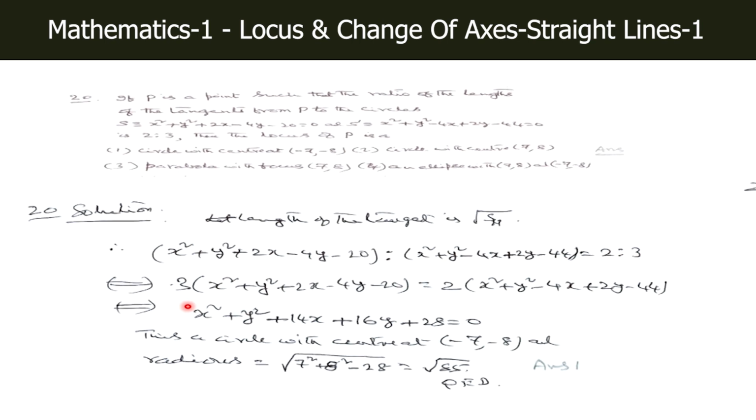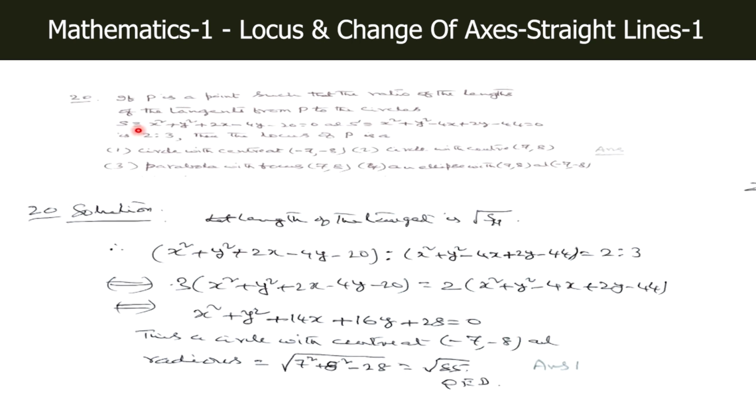Now 3(x² + y² + 2x - 4y - 20) = 2(x² + y² - 4x + 2y - 44). On simplification, you will get the locus x² + y² + 14x - 16y + 28 = 0, which represents a circle with center at (-7, -8) and radius root 85.